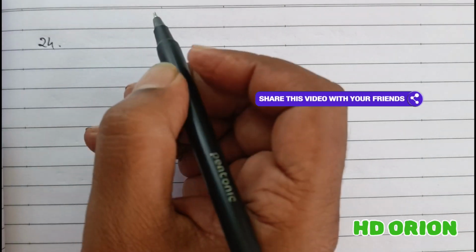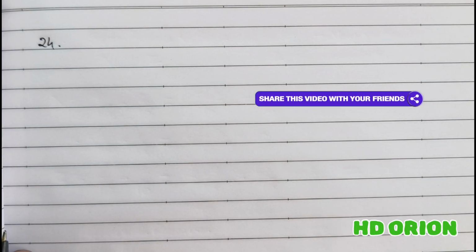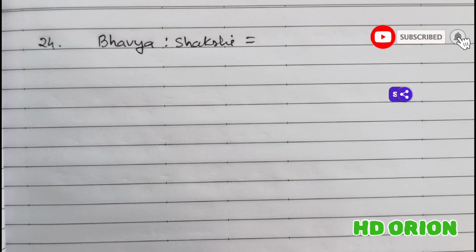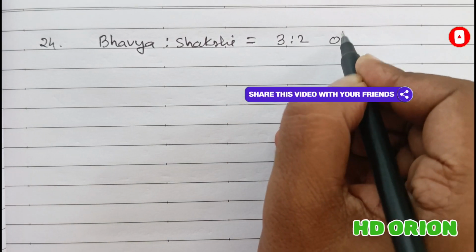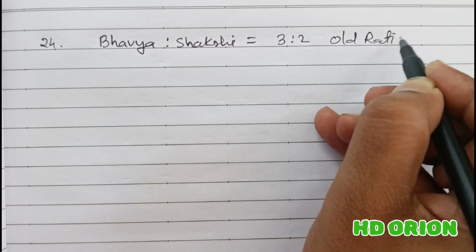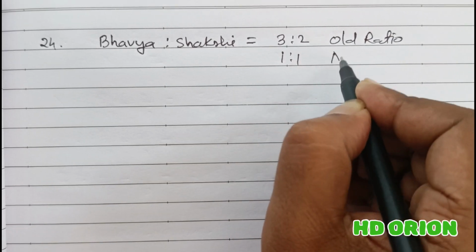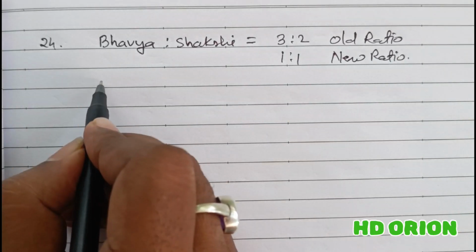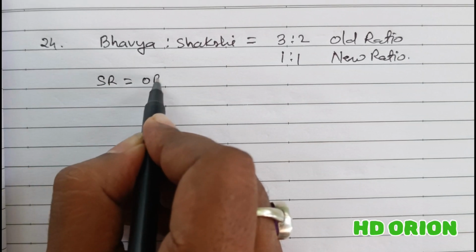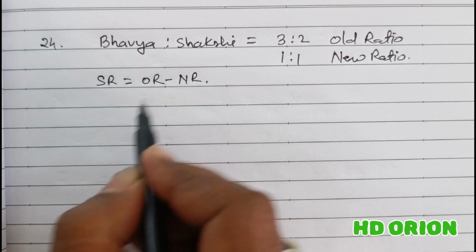Solution 24. For the treatment of goodwill and general reserve, we have to calculate the sacrificing and gaining ratio. The old ratio is 3:2 and the new ratio is 1:1. We know that sacrificing ratio is equal to old ratio minus new ratio.